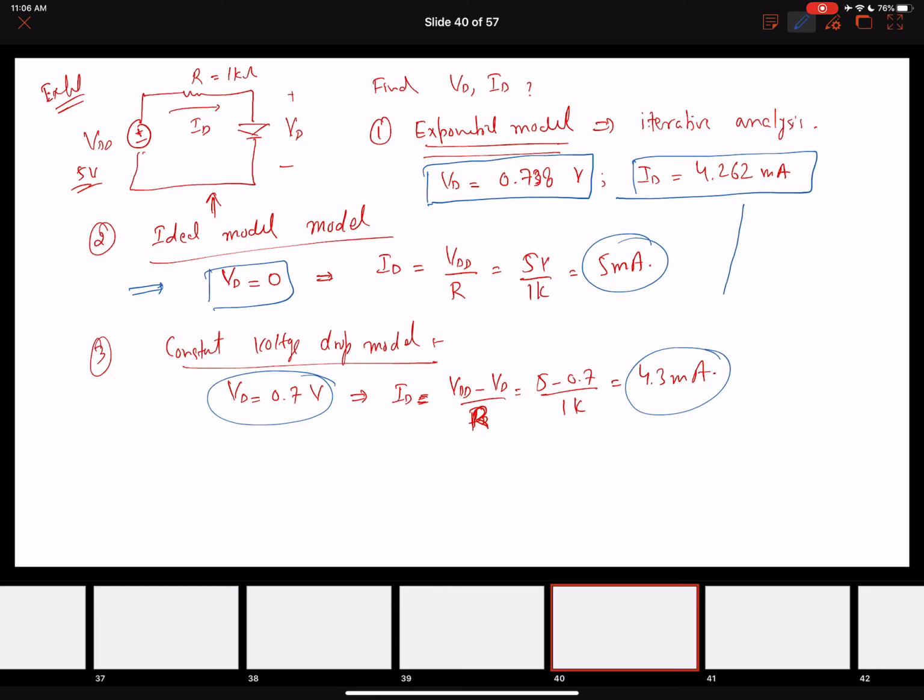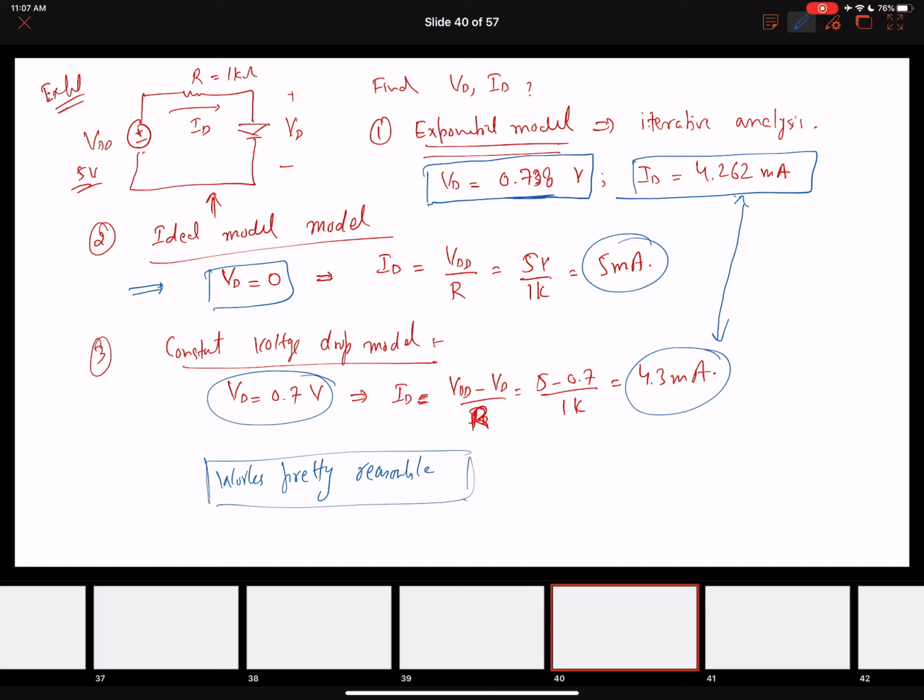Over here your current differences are 4.262 versus 4.3 milliamperes, and the voltage drop across the diode is 0.738, versus 0.7 in the constant voltage drop model, right? So these models work pretty reasonably.